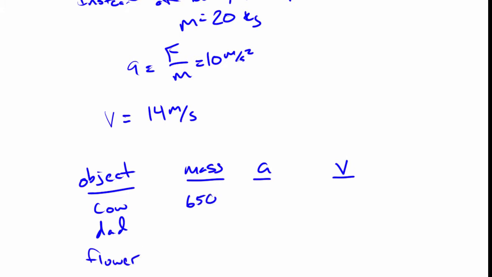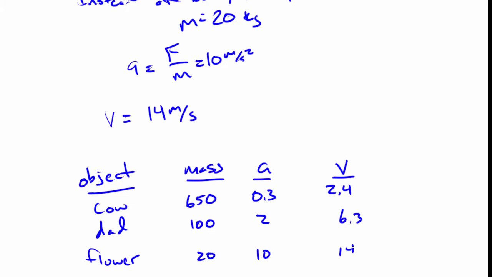They each had a different mass, 650 kilograms, dad was 100, the flower was 20. An acceleration of 0.3 meters per second squared, 2 and 10, and that resulted in different velocities, 2.4 meters per second, 6.3, and 14. All right, so all those quantities are different.